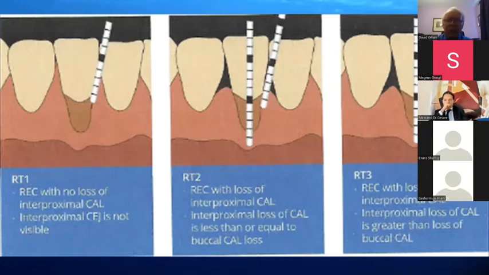You're seeing that the interproximal attachment loss is greater than the loss on the buccal. I think these cartoons show it better than just reading it off the screen. So that's the difference. There's no loss in RT1, but RT2 and RT3 is where there's that subtle difference. Now, we'll go on to the next slide.